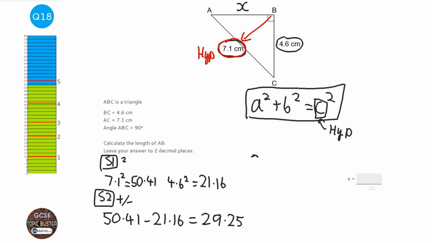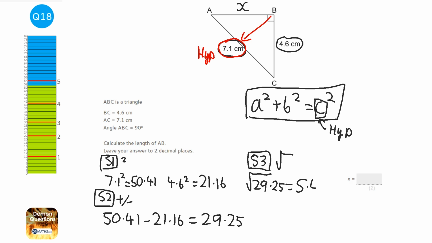Okay, and step 3 is a nice easy step, it's just root it. So with this one, I'm just going to press square root answer, and I'm going to write that down, square root 29.25, and so that equals 5.4083, and so on.